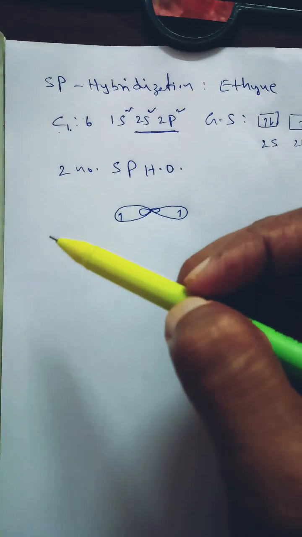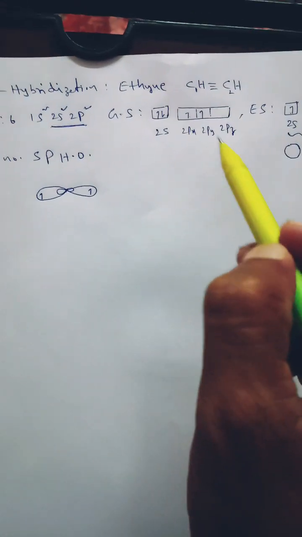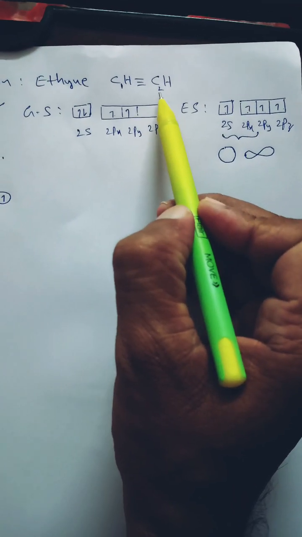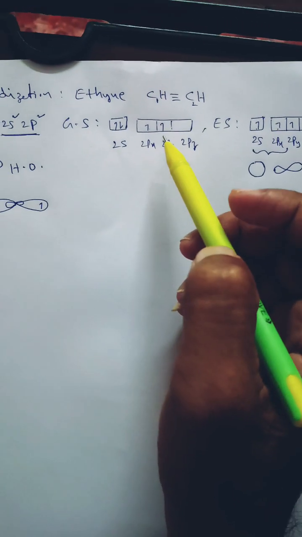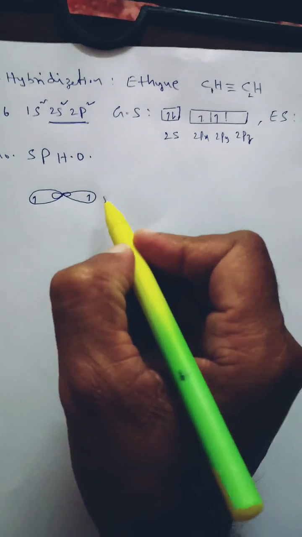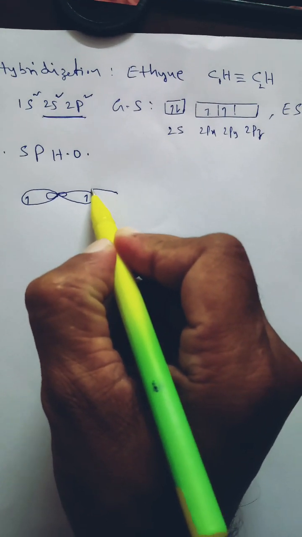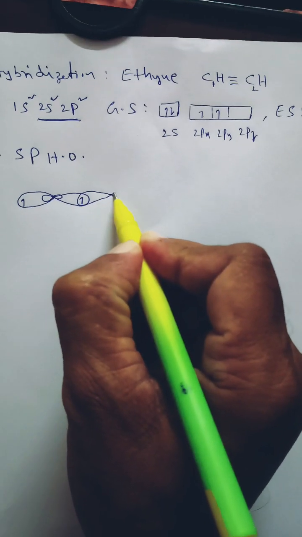In exactly the same way, the same happens for C2 also. For C2 also, two hybrid orbitals are formed in a linear shape, and those two are arranged like this.